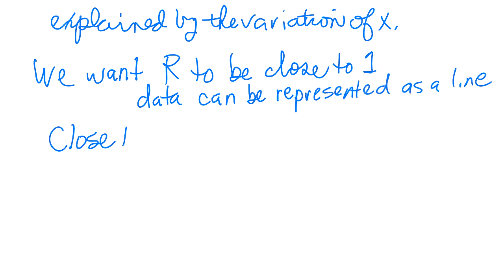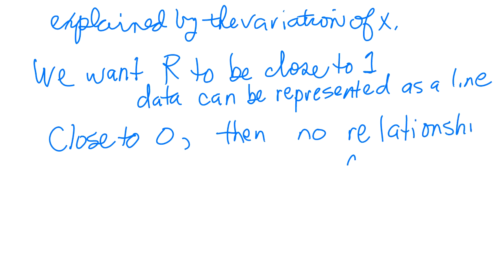But if it's close to 0, then there's no relationship, no linear relationship. Okay, does that help, or is that what you were kind of asking about? And are you okay with finding it in Excel? Because I don't have a problem with going to Excel.